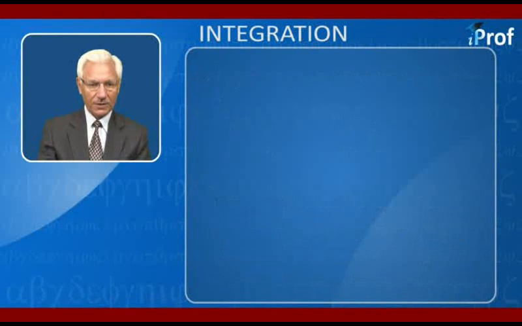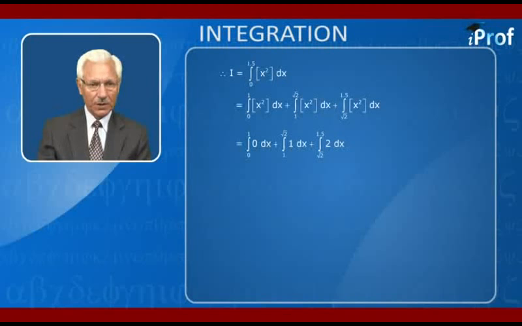Clearly, we can now split the integral I equal to the integral from 0 to 1.5 of the greatest integer value of x square dx as the integral from 0 to 1 of the greatest integer value of x square dx, plus from 1 to root 2 of the greatest integer value of x square dx, plus from root 2 to 1.5, because root 2 is 1.414, of the greatest integer value of x square dx.